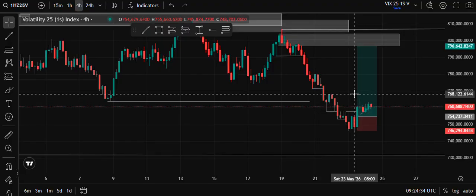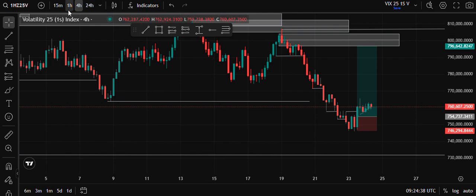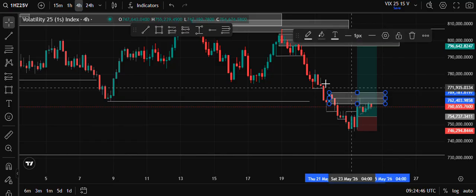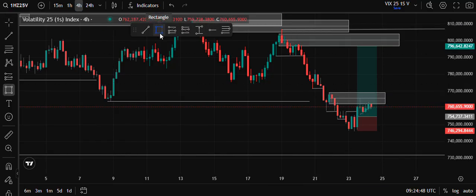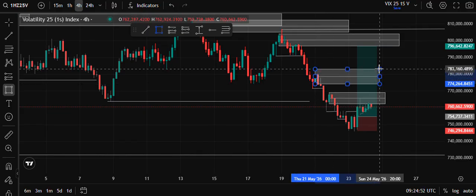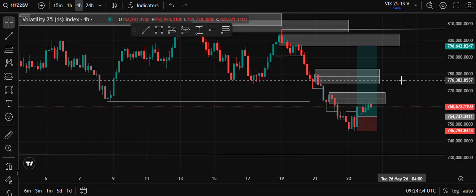So you could take your TP around this level, which is 50. Let's go to the one. Let's draw a line. Draw the other block, because this is another block here. We have another block here. So those are levels where the market has to respect, going down before going up.